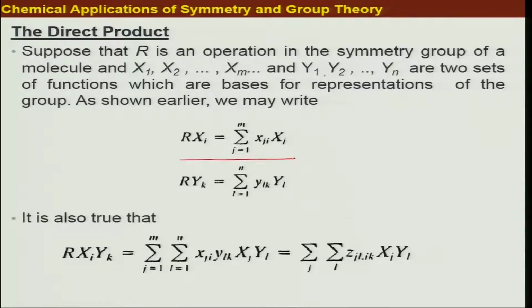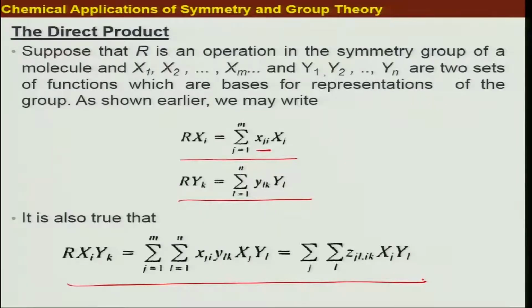So I can express this operation R on xi as the sum of the contributions of each xi, in terms of these coefficients, small x ji or small y lk. So I can write that, and also we can have this particular relation.